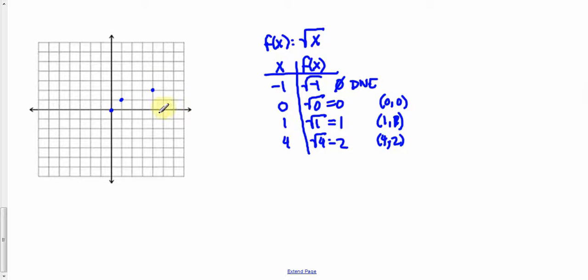Could I keep picking positive x values to go in there? Sure, I could put as many as I wanted to. Couldn't I take the square root of 100? But do I want my x-axis to go all the way out to 100? No. So I'm going to stop there. I'm going to connect them and put an arrow on the end to show that it goes on forever and ever.